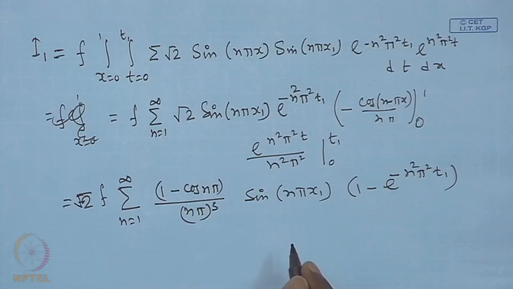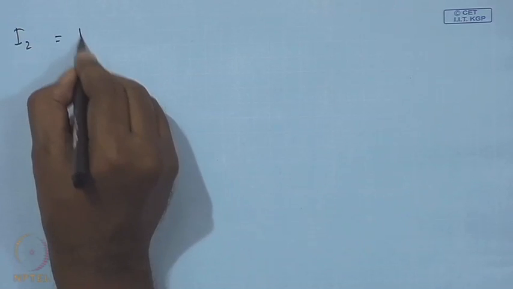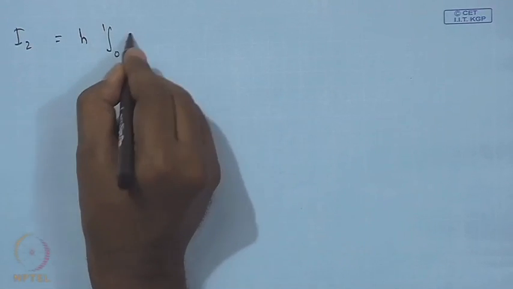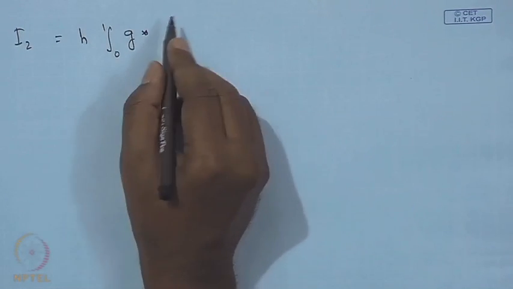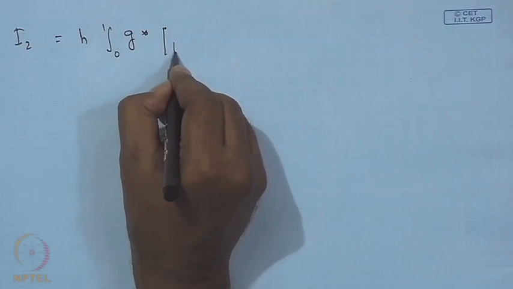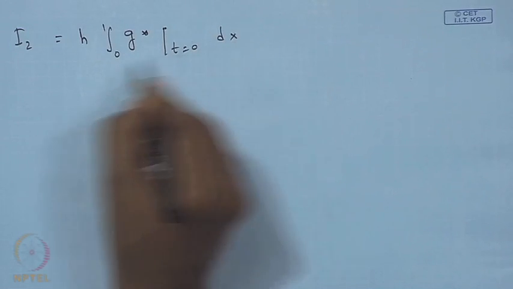Now, let us evaluate I2, I3 and I4. I2 I am just evaluating in detail. I2 will be h integral 0 to 1 g star at t equal to 0 times dx.